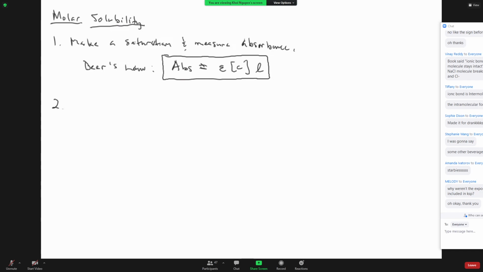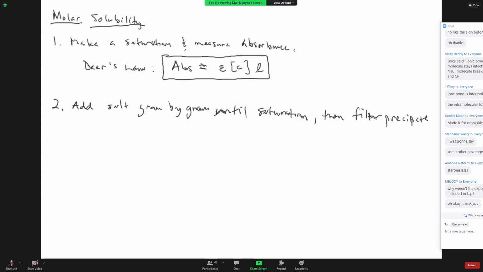The second one is we could add salt gram by gram until saturation. Then filter the precipitate, right?